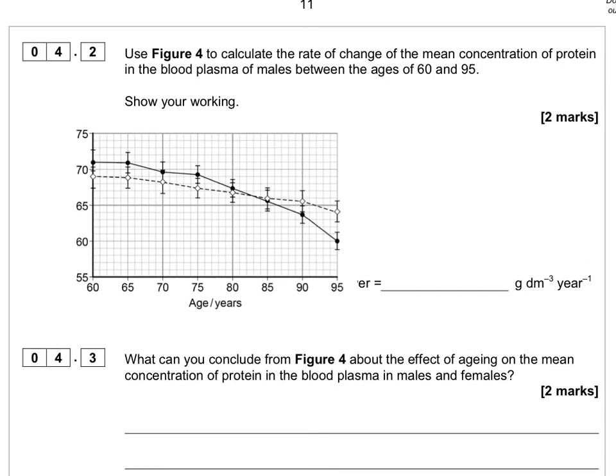So here's the graph, and we want to look at the clear diamonds here, so age 60 to 95. The first thing to read is at 60, you'll notice that it's 69, whereas at 95 it's 64.